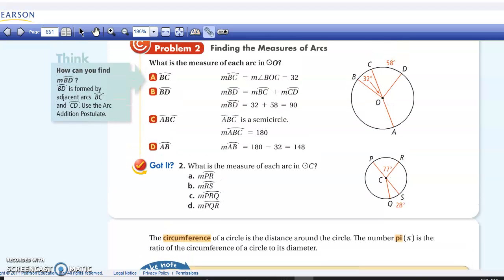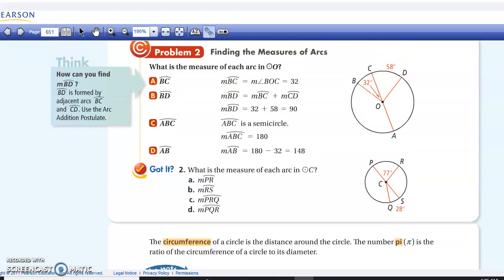Now here we have an example about the measure. What is the measure of each arc in circle C? The first question is what is the measure of PR? The PR in this one is 77. We have the information. What is the measure of RS? Here we have something we have to find.